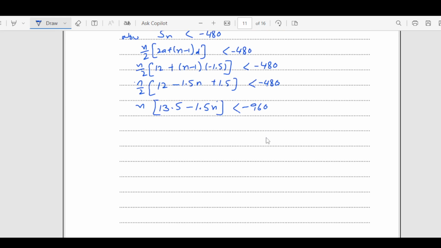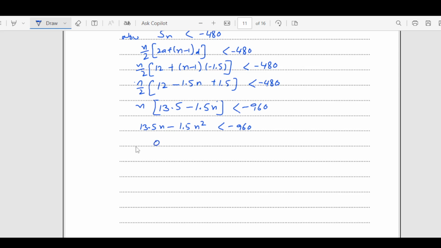When we expand this bracket, we get a quadratic again: 13.5n minus 1.5n squared is less than negative 960.